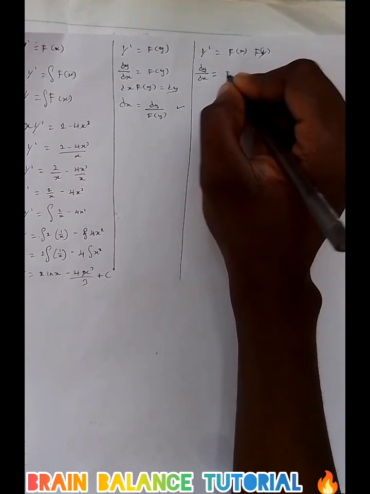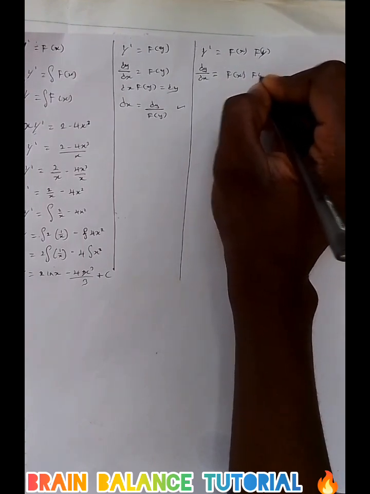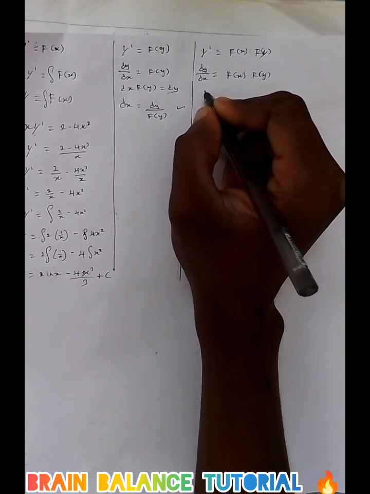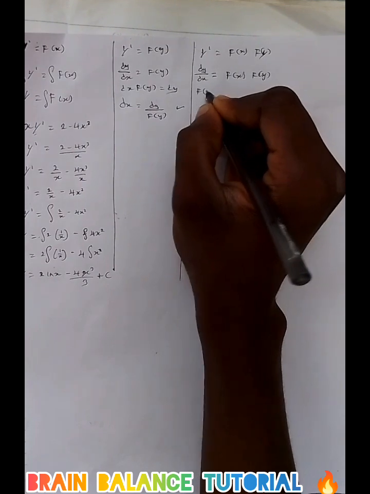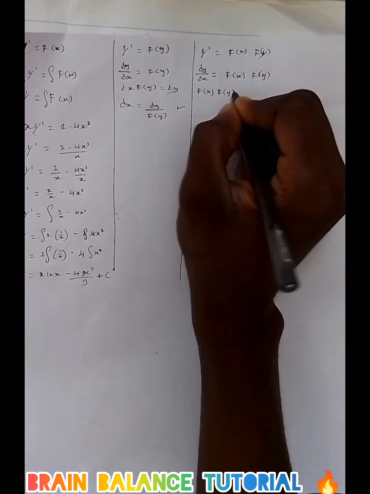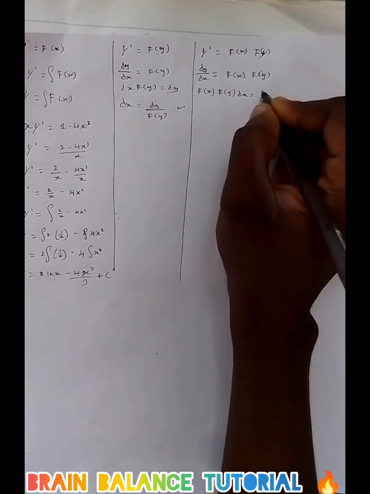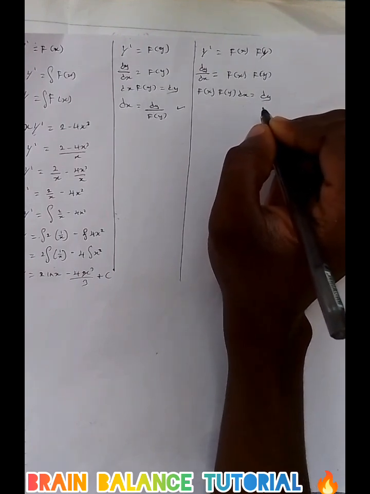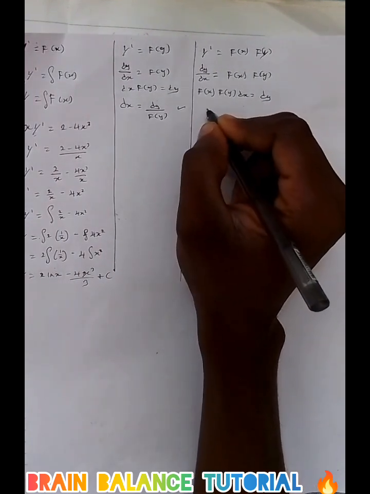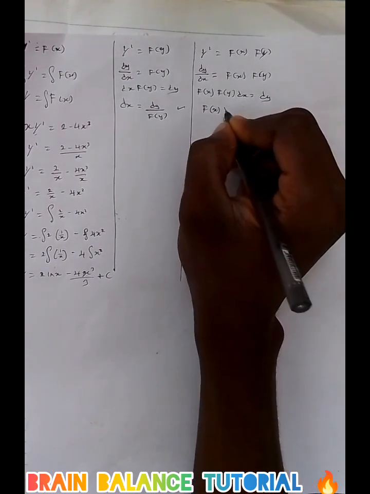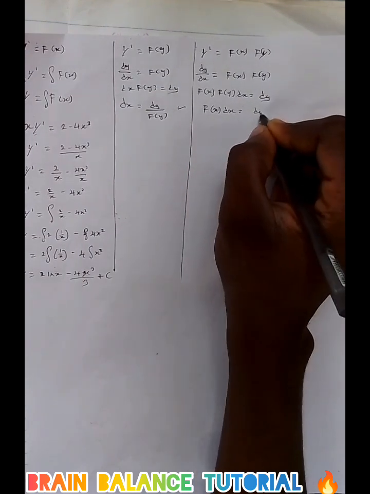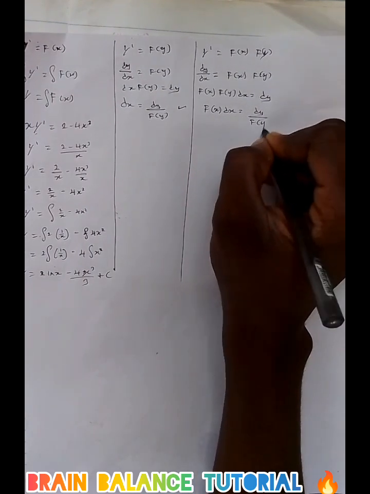So this will be equals to function x and function y. So when you cross multiply, you have function x, function y, the x equals to the y, right? So you can divide both sides by function y. So you have function x, the x equals to the y over function y.